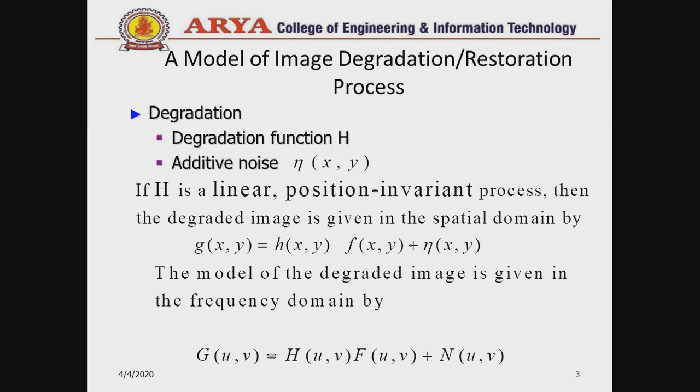A model of image degradation and restoration process is described by a function h and an additive noise n(x,y). The degradation function h is a linear position-invariant process, and the image is degraded due to some additive noise. In the spatial domain, g(x,y) equals h(x,y) convolved with f(x,y) plus noise n(x,y), where f is the image we capture, g is the degraded image, and h is the degradation function.